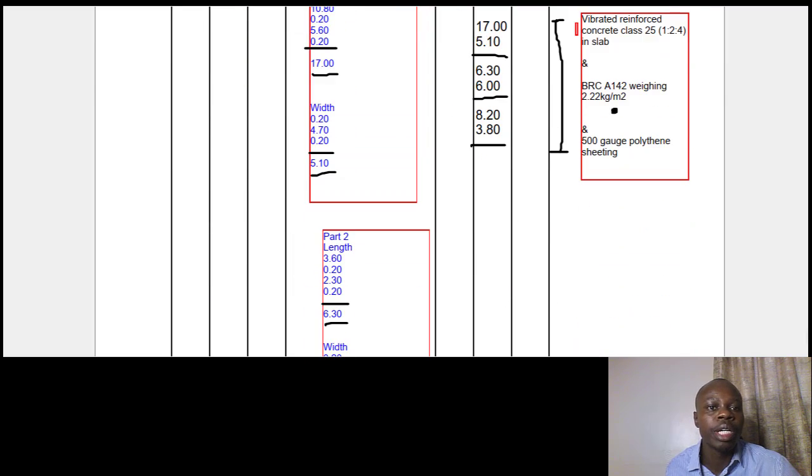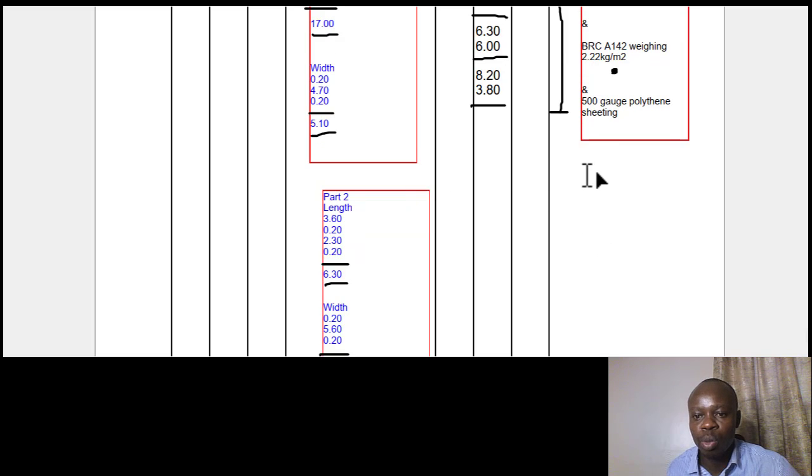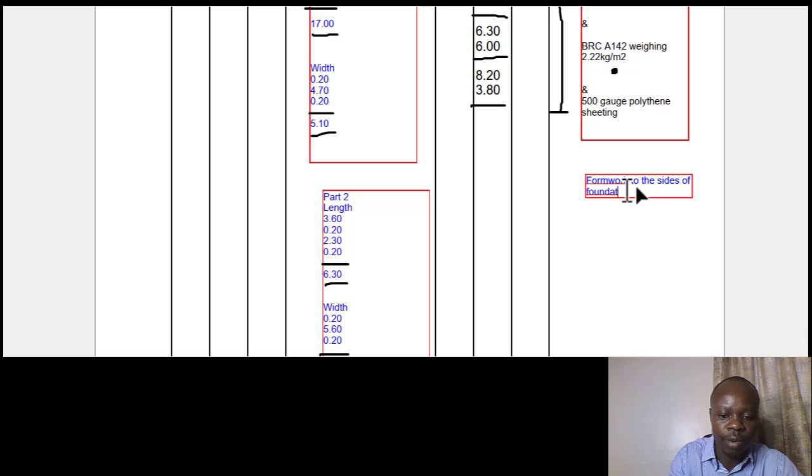So we go straight and see what we have to do here. This is a formwork, and this is a formwork to the sides of foundations.